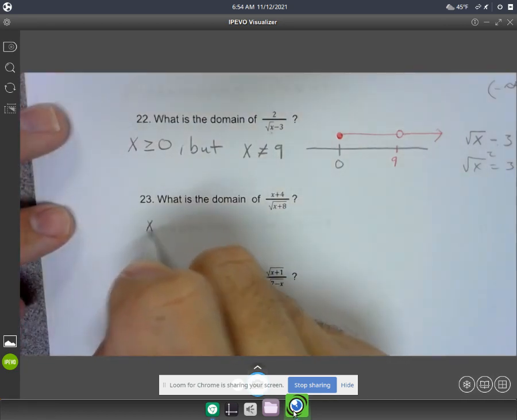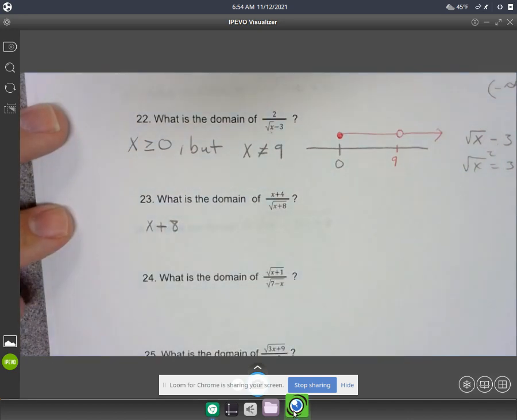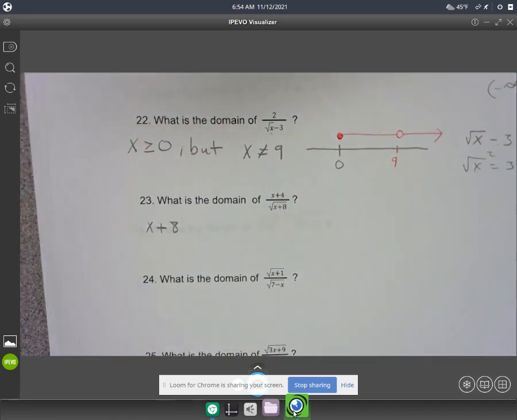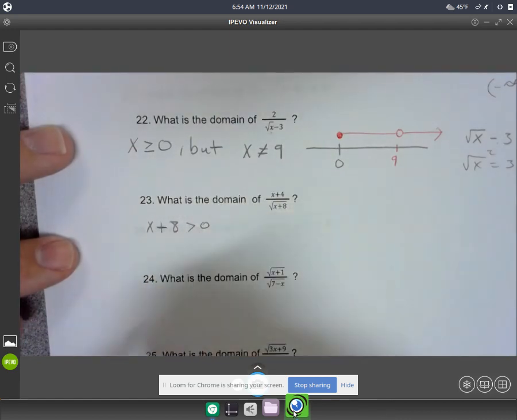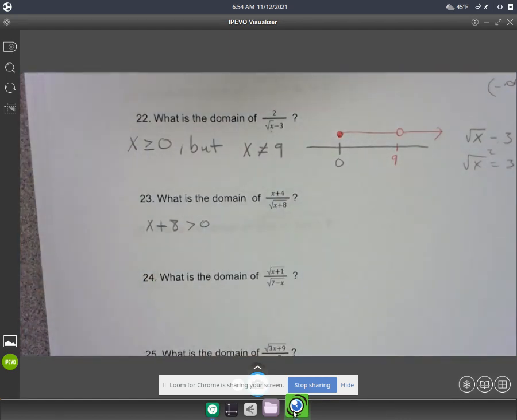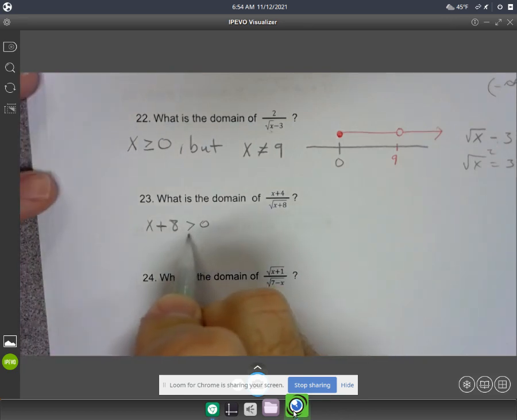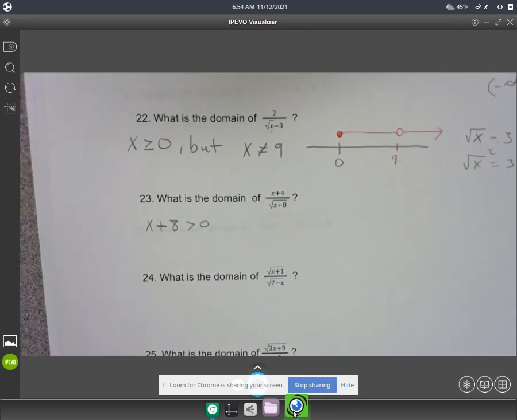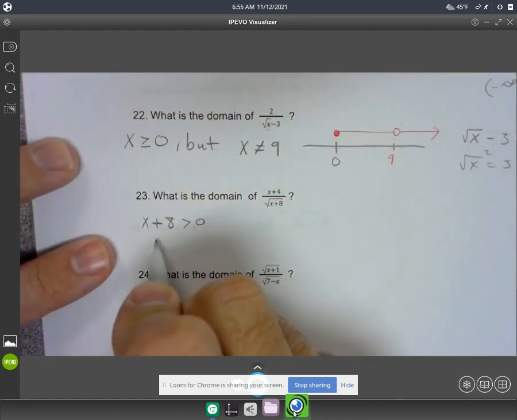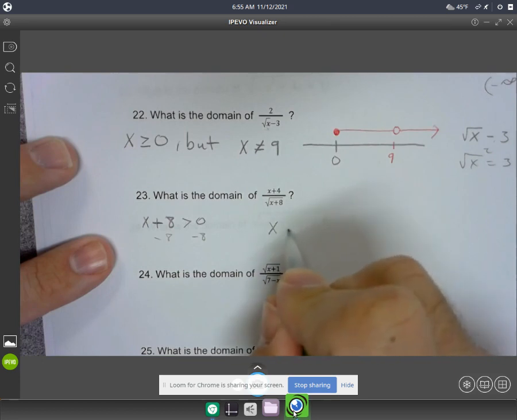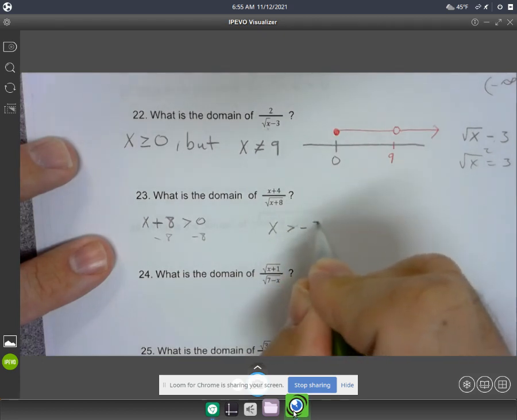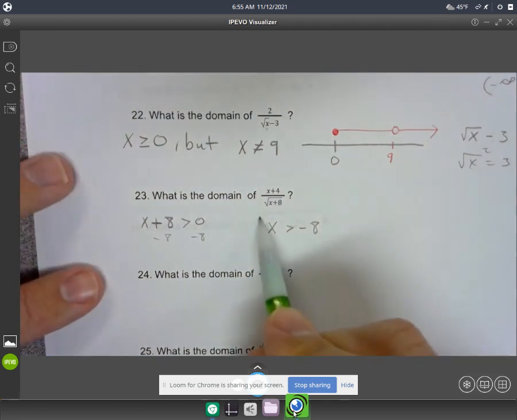So I'm going to take this x plus 8, and I just need to make sure that that is positive. I'm going to set it strictly greater than 0 this time because you cannot have it equal 0. So I don't include the little bar. That would cause a division by 0. Minus 8 from both sides, and you got it. X is greater than negative 8.